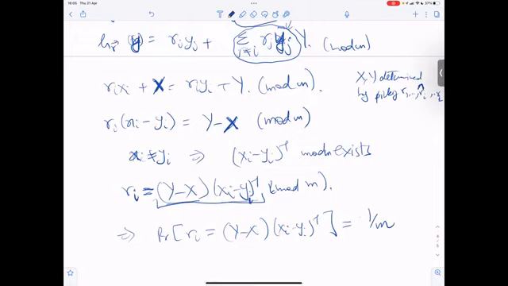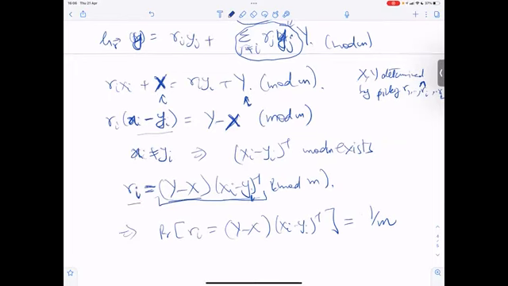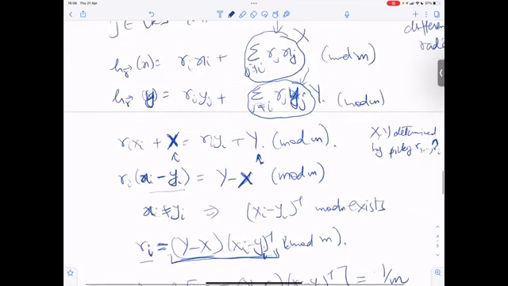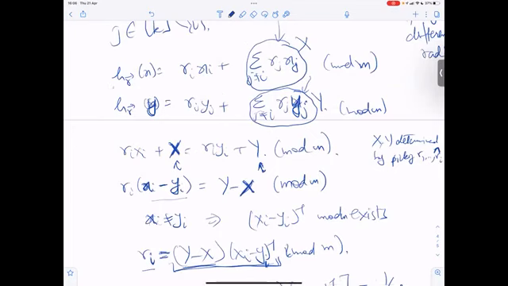So this gives values X and Y. We don't care whether they are the same or different. But we know that in the ith place, xi minus yi is non-zero modulo m, because that's how we picked i. So therefore the inverse exists, and therefore Ri must be equal to (Y minus X) times (xi minus yi) inverse modulo m if there is a collision, if HR(x) equals HR(y).